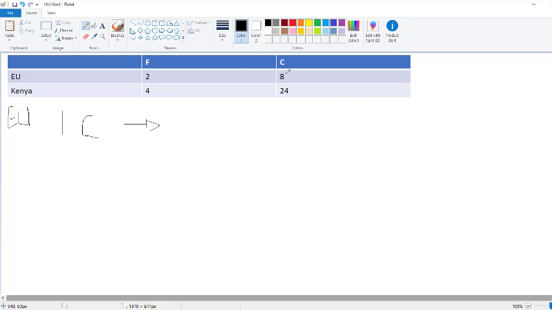How many food must be sacrificed for the EU? If you need to produce 1 carbon, you need 8 laborers. So to gain 8 laborers, you have to sacrifice 4 food, because each food is 2. This is to produce 1 carbon.